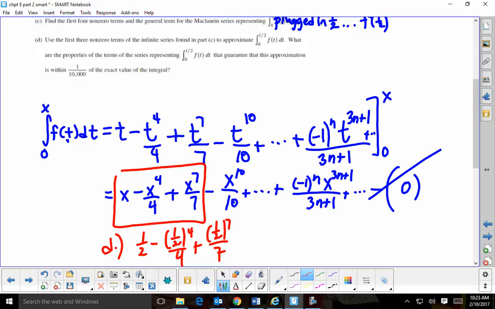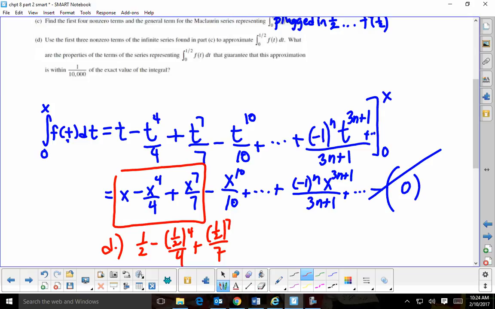Alright, so that was pretty easy. Do I need to simplify? No, I'm not even going to bother right now. I don't want to have to do 2 to the 7th. 2 to the 5th is 32, 64, 128. Anyway, okay.